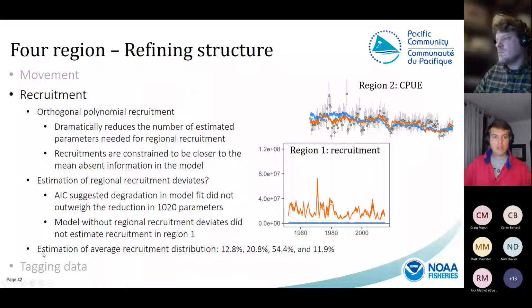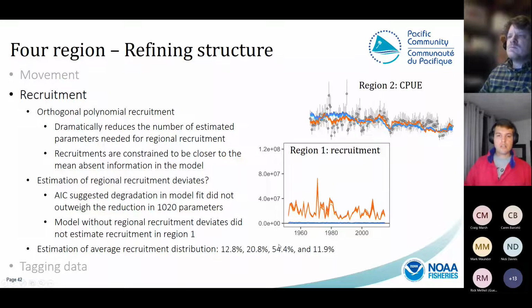Another thing to point out is when we estimated the average recruitment distribution, the model chose to put most of the recruitments in region 3. And if you remember back a few slides, in the second half of the year, there's a lot of, well, not a lot, but there is some movement from region 3 into region 1.